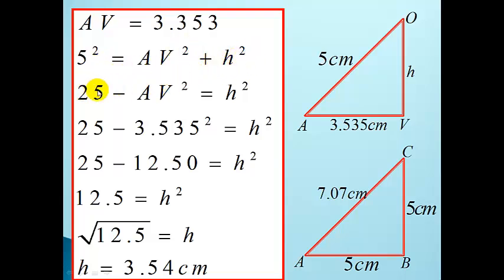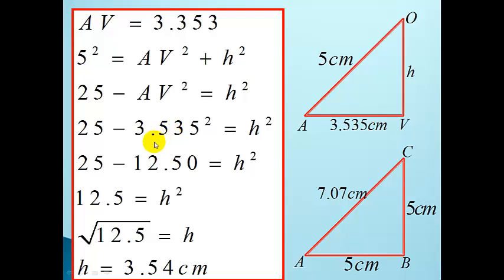And therefore, we have 25 minus AV square is equal to H square. Now, AV has been calculated to be 3.535. So we have 25 minus 3.535 square is equal to H square.